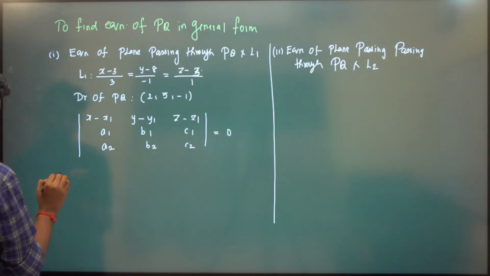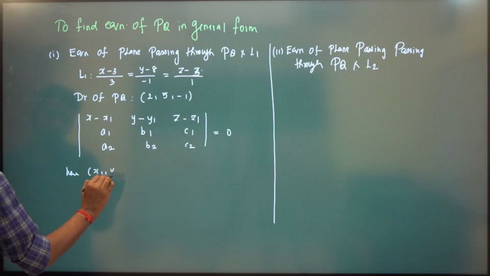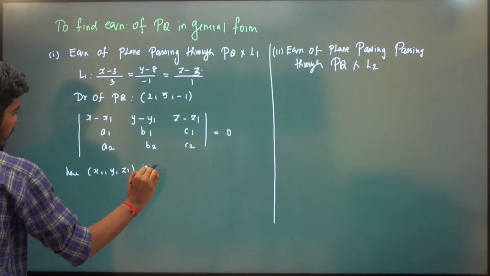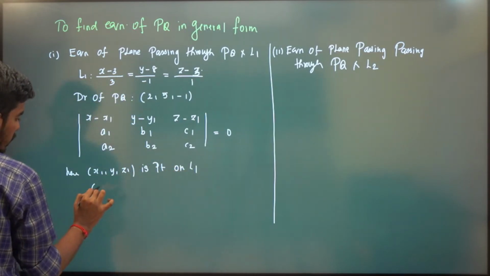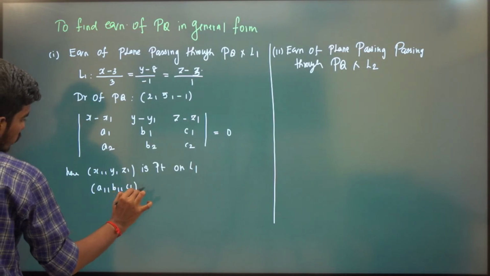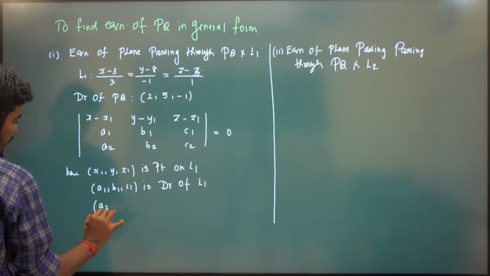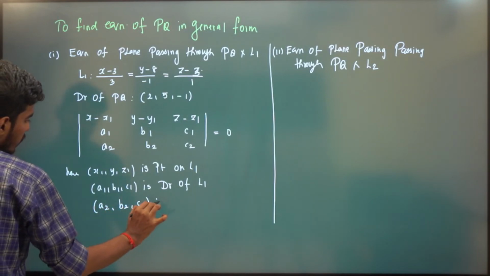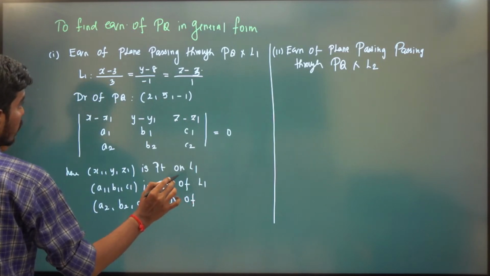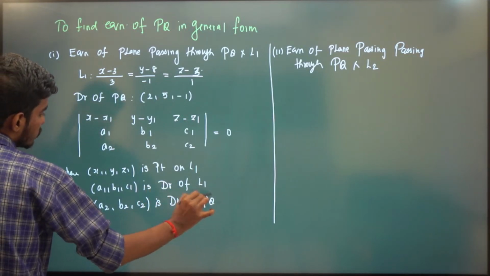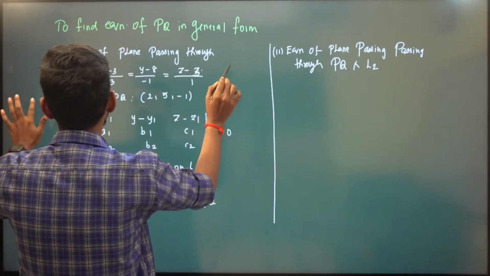Here x1, y1, z1 is a point on L1. A1, B1, C1 is the direction ratio of L1. A2, B2, C2 is the direction ratio of PQ.